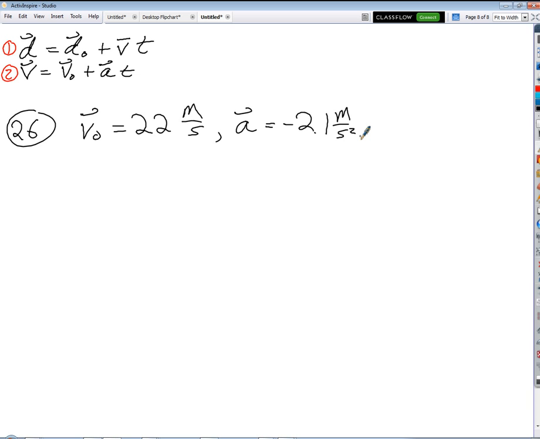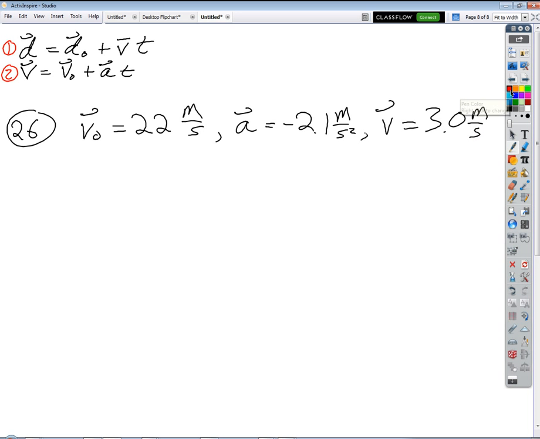Okay. Going back here, Nathan, give me something else. We got initial velocity, acceleration. What else do we know? The final velocity. Yeah, sure. Okay, we know final velocity, don't we? So final velocity is 3.0. And what is it that we're trying to find, Elijah, in this one?